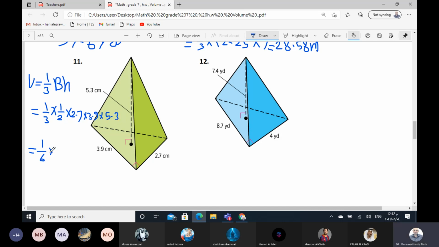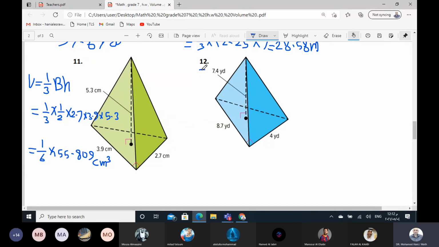The answer will be 55.809 centimeters cubed. Cubic centimeter, sorry.